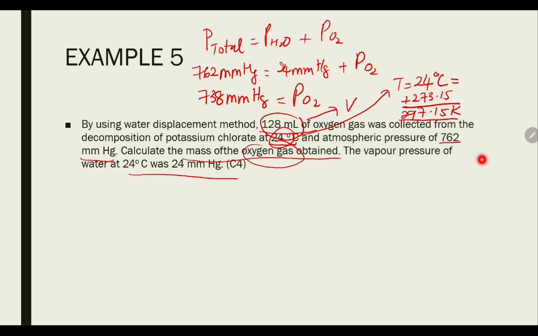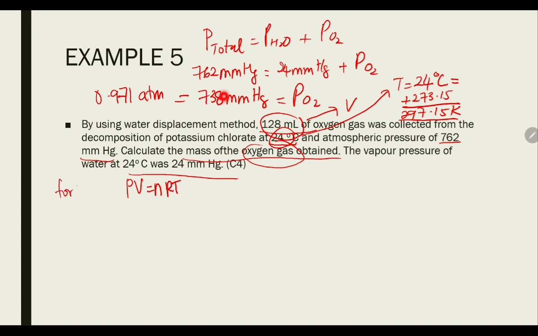The volume you need to convert into liters. You also have the partial pressure of oxygen. Convert it into atm by 738 millimeter mercury divided by 760, so you will get 0.971 atm. Now you can use PV equals nRT to get the mole of oxygen.